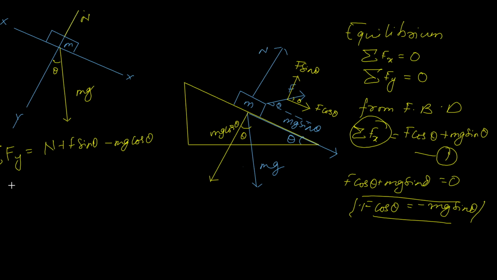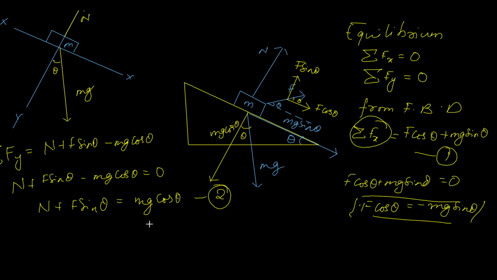We know the summation of Fy is also 0, so N plus F sin theta minus mg cos theta is 0. If I take minus mg cos theta to the other side, I get N plus F sin theta equals mg cos theta. So this will be your equation number 2.